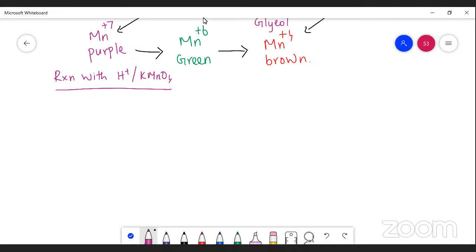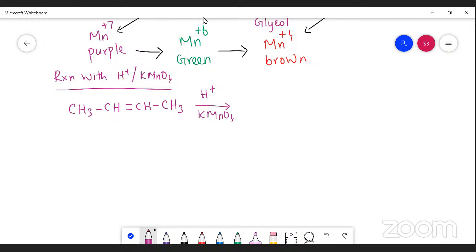Suppose we are taking 2-butene, that is CH3-CH=CH-CH3. It is reacted with acidified potassium permanganate. Then what is the product? We get the aldehyde.